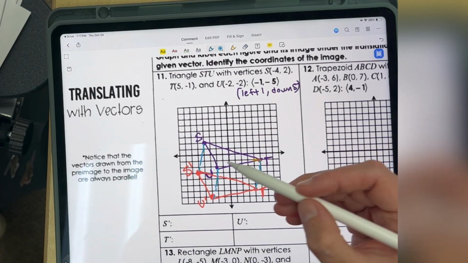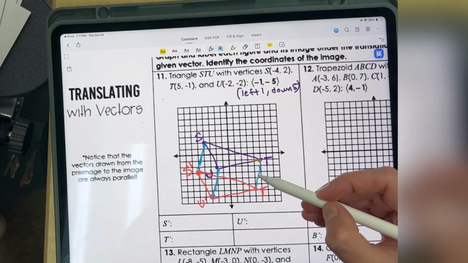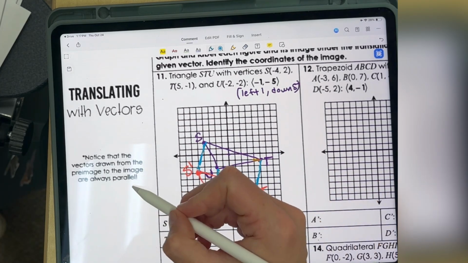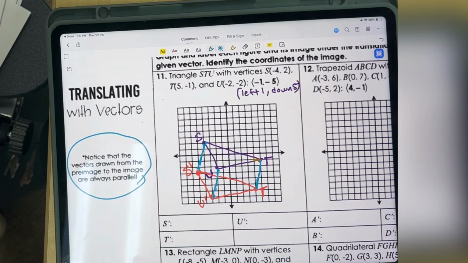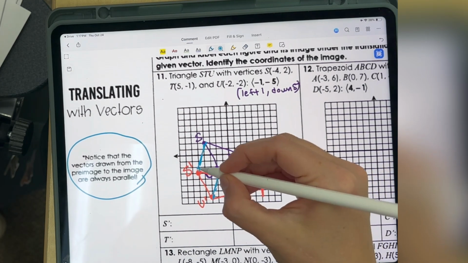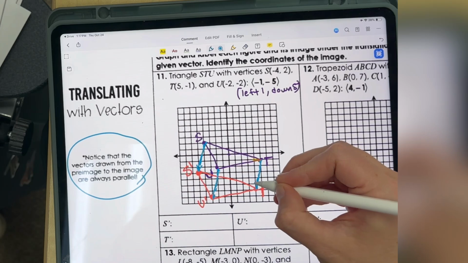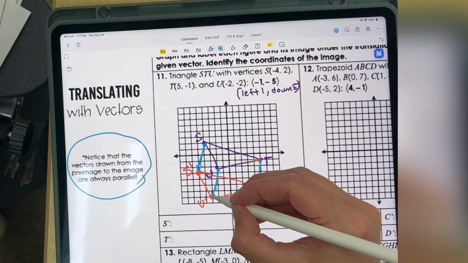That's what it wants you to notice, that these lines are all going to be parallel. So vectors, how they move, are always going to be parallel. Because this would be like going from S, terminate at S prime. Go T, terminate at T prime. Start at U, terminate at U prime.